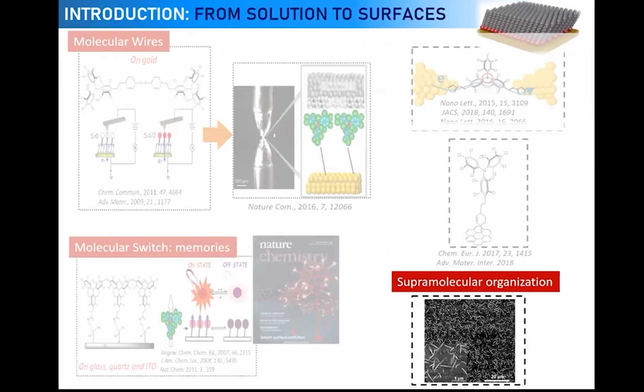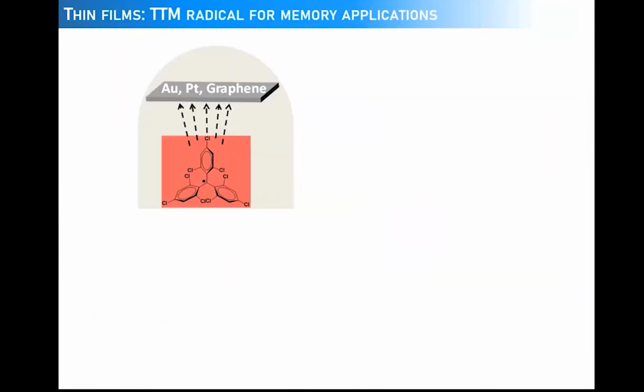To finish my presentation, I would like to show this last example, where we don't attach the molecules in a covalent manner but physisorb them on a surface. Here we investigated not the PTM radical but the TTM, which we already saw in the previous talk.